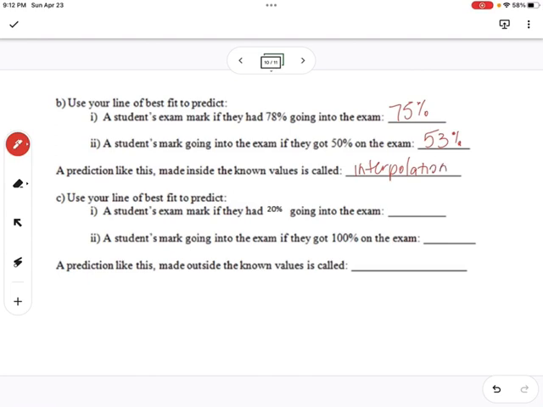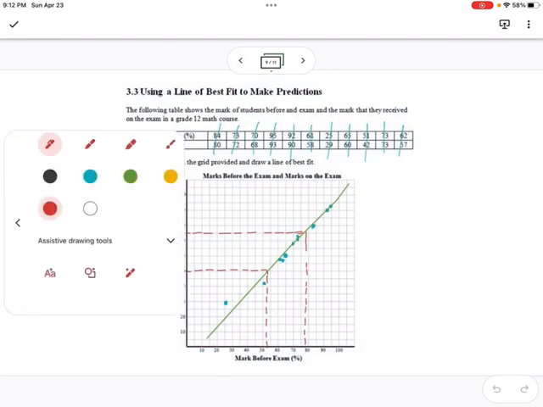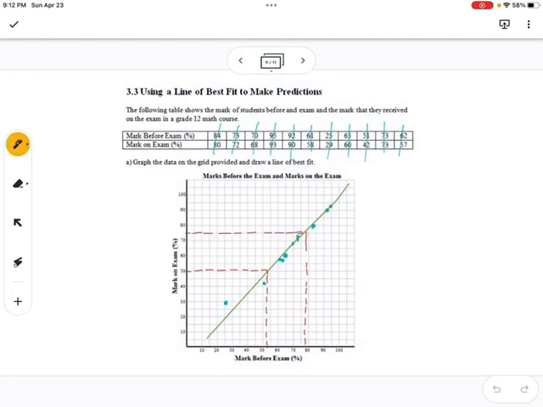Okay. And a student's exam mark if they had 20% going into the exam. Okay, 20% going in. Go to our line of best fit, and we can go across, and this is around 14%.